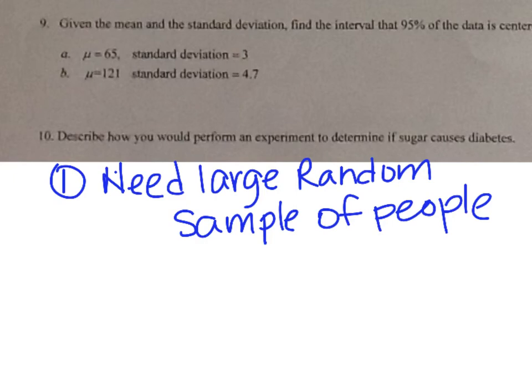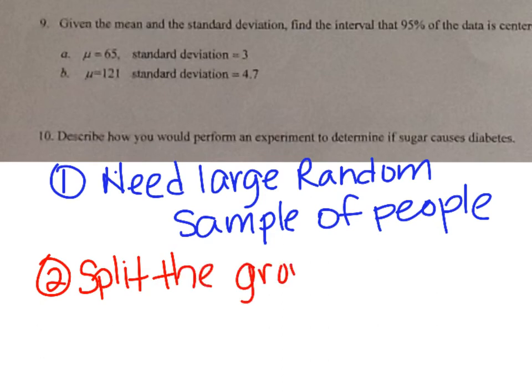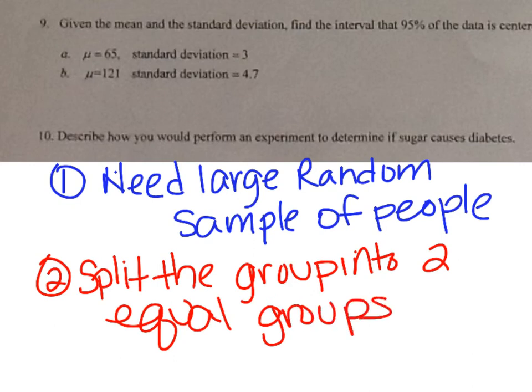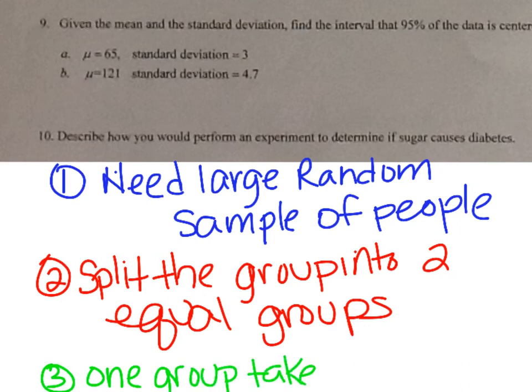Then number 2 would be split the group into 2 equal, that's keyword, groups. Then one group takes a sugar pill or takes some type of sugar substance.